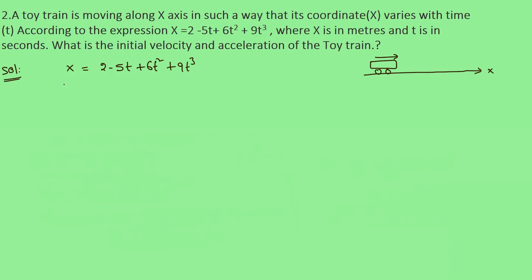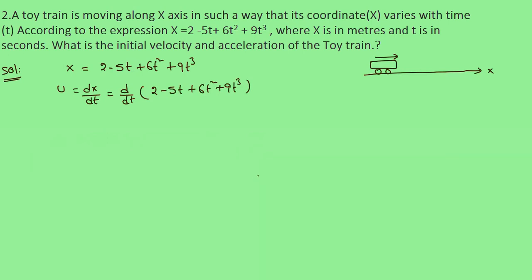What is the velocity? Velocity u equals dx by dt, so I can find d by dt of the displacement function, 2 minus 5t plus 6t square plus 9t cube.